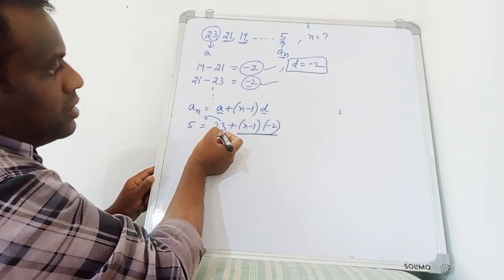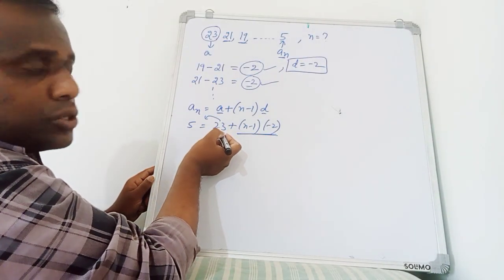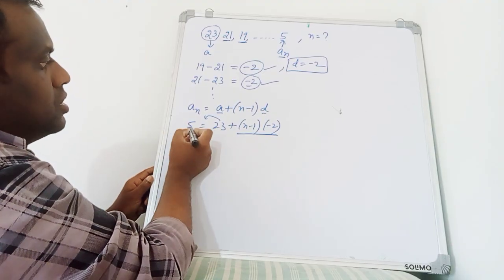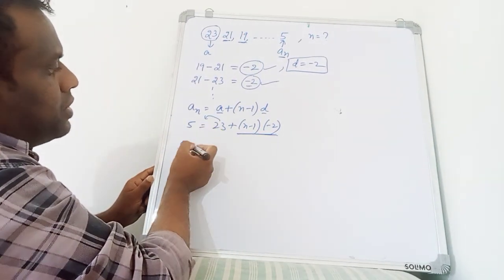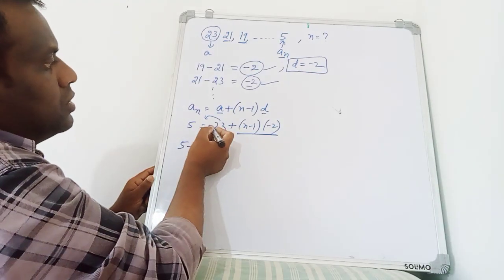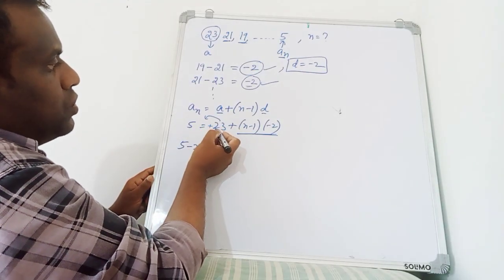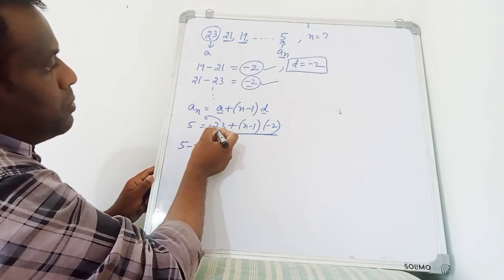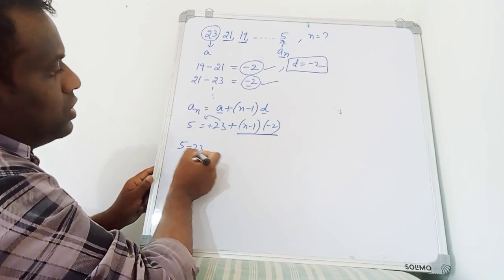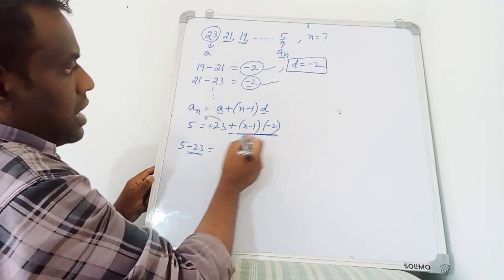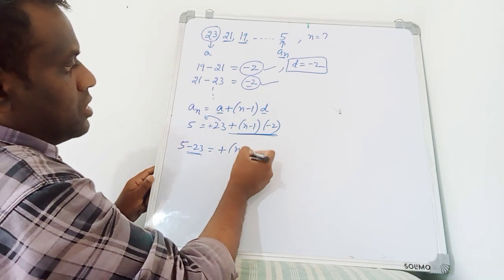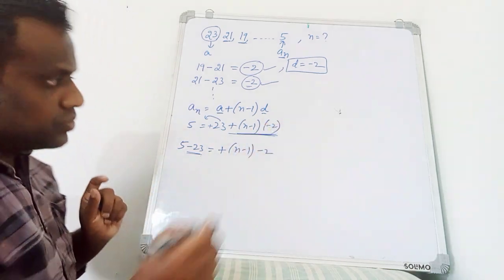Whatever number is there, 23, you shift this number to this side. So 5 will be asterisk. When you shift this 23 to this side, plus 23 will become minus 23. Then the equal sign, and write this asterisk, plus (n minus 1) into minus 2.